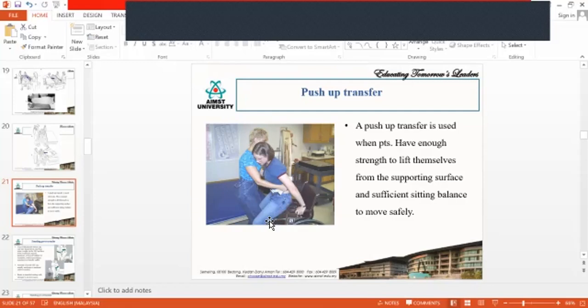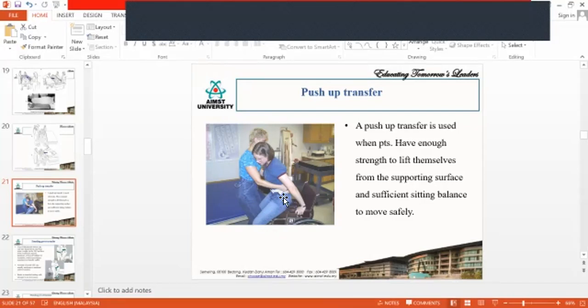So in push-up transfer, the support is given by the therapist, but remaining everything like pushing up will be done by the patient. Okay, so here first the therapist will be just supporting the patient. Then remaining everything will be done by the patient. So this is called push-up transfer.